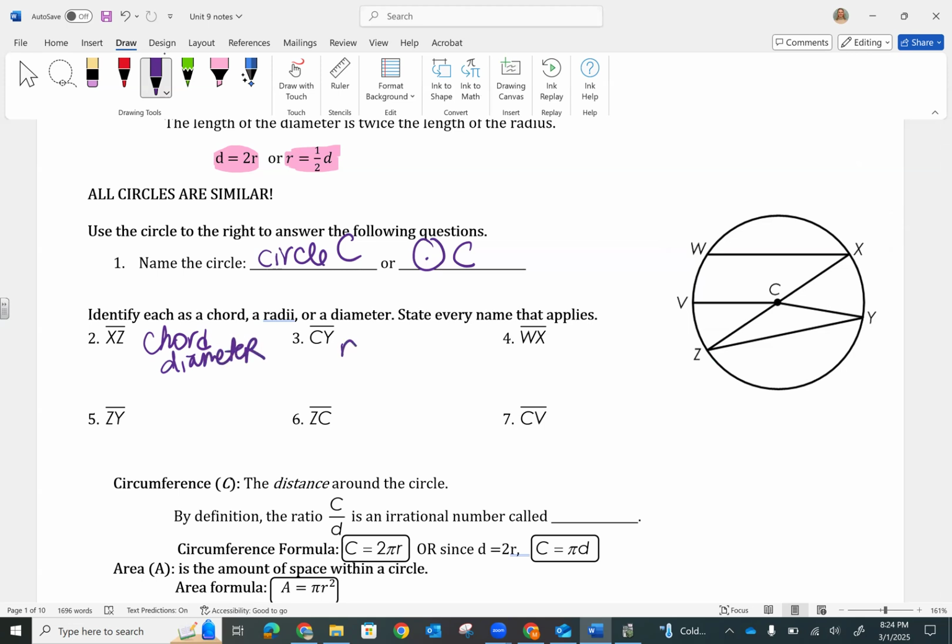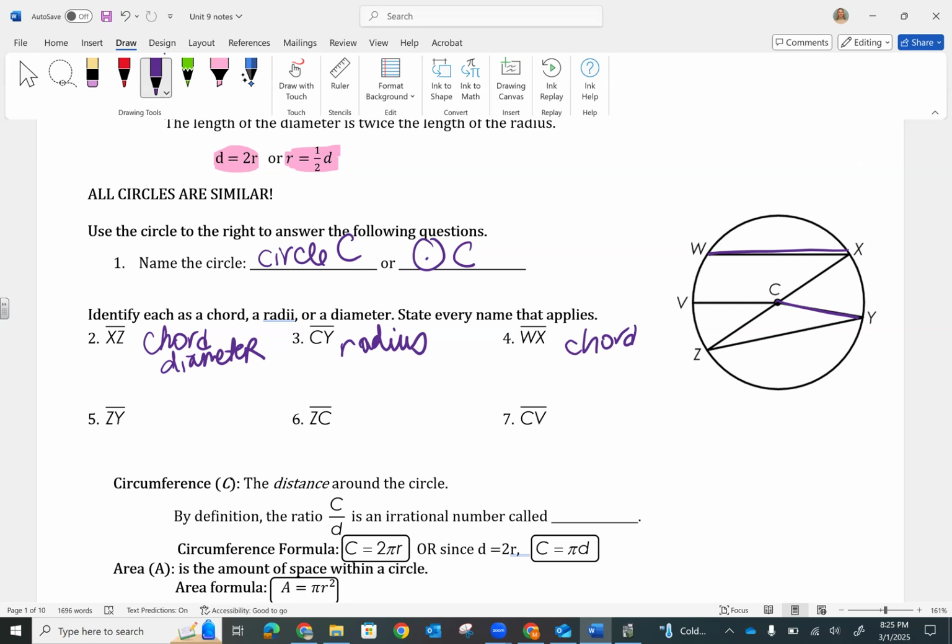CY is the radius. So from C to Y is a radius. W to X is a chord. It connects two points on the circle. W and X are points on the circle, and if you connect them with a straight line, you get a chord.